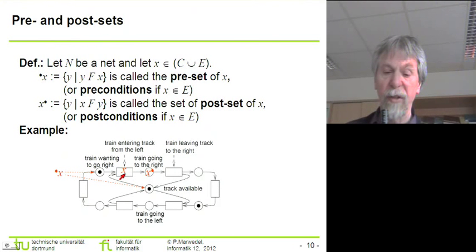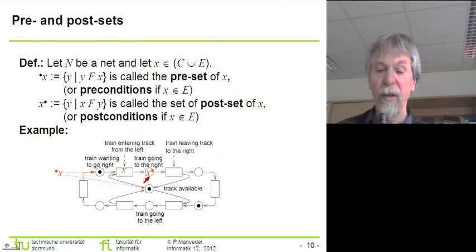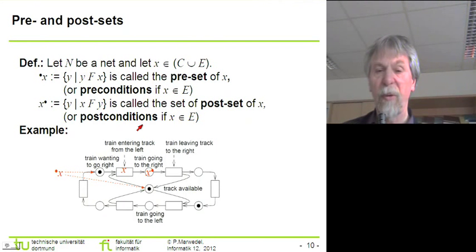Let's assume that in our example we are using this event as the element x. Then the postset consists of just this condition. If the postset is a set of conditions, we will call this postset also the postconditions. So this is what we have used in a number of cases already when I explained these examples.